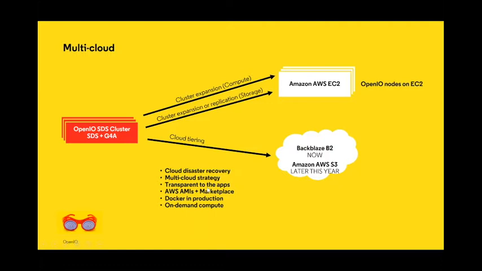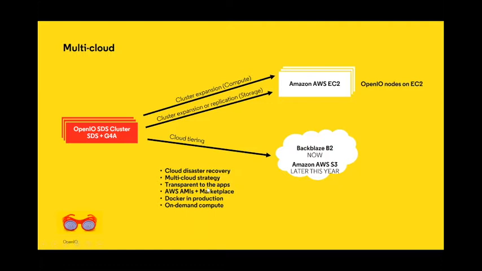It will be transparent to the apps, so the same application will be able to access the same data both on the cloud or on-premises. We will release AMIs on AWS Marketplace. It will be just easier to deploy a first cluster for testing, for example, but also the expansion of an existing cluster will be made very, very easily.